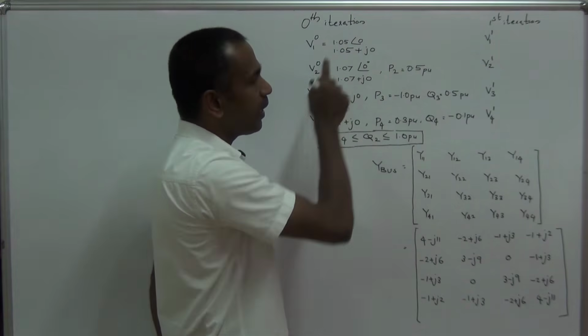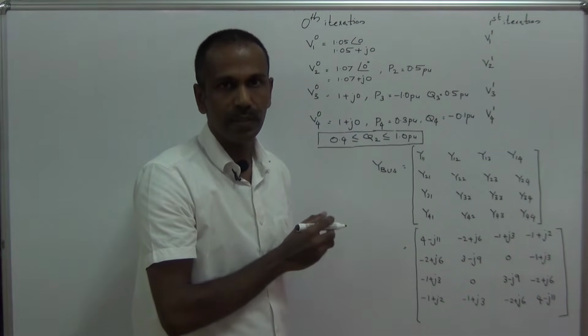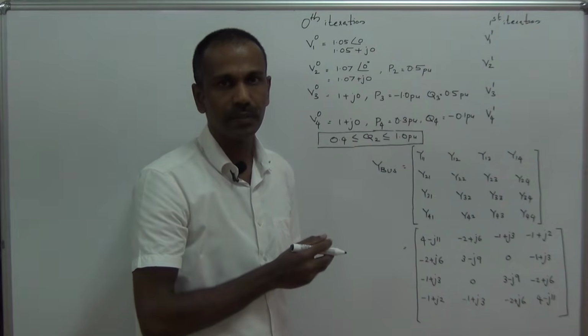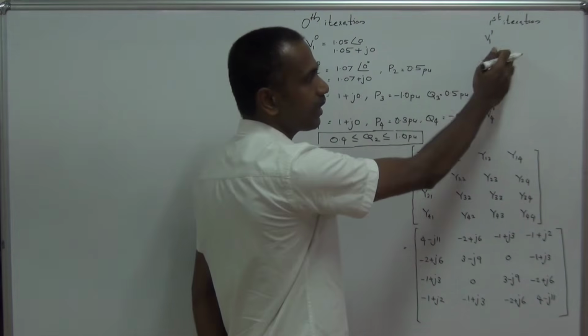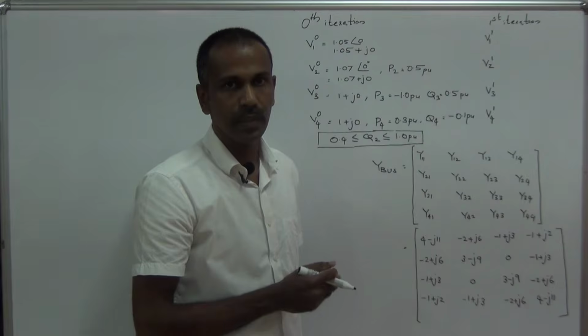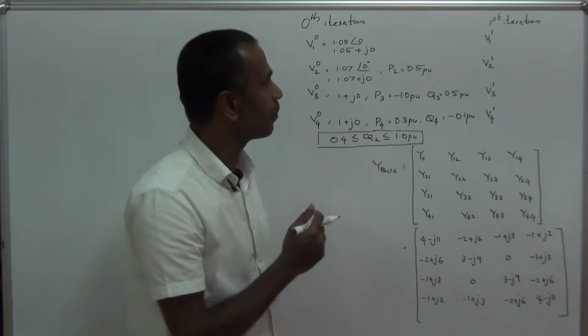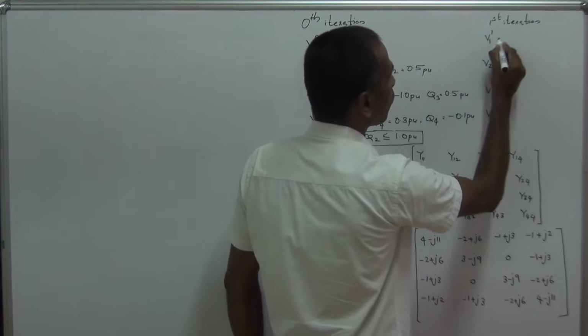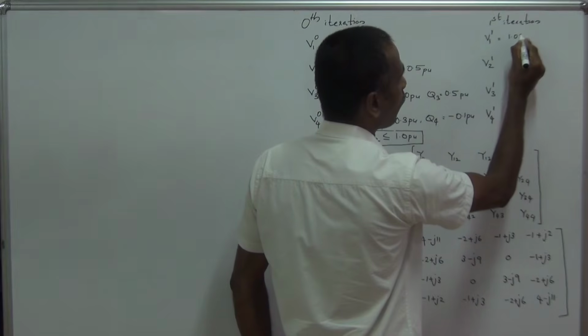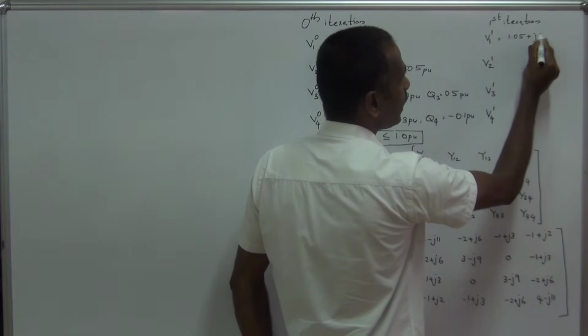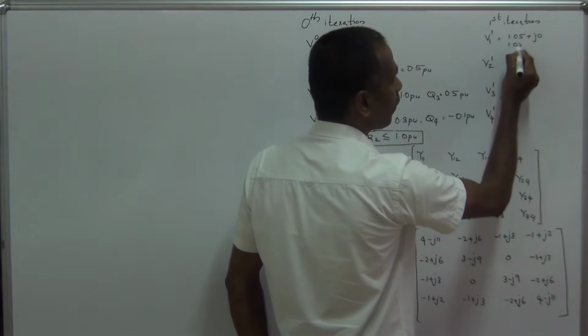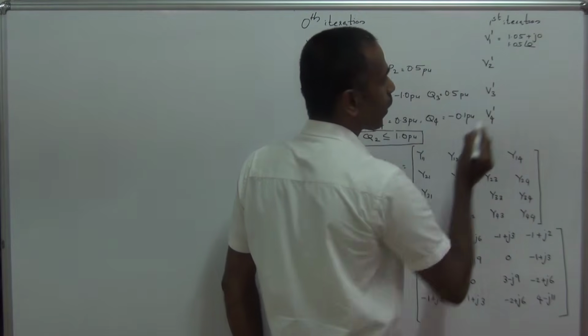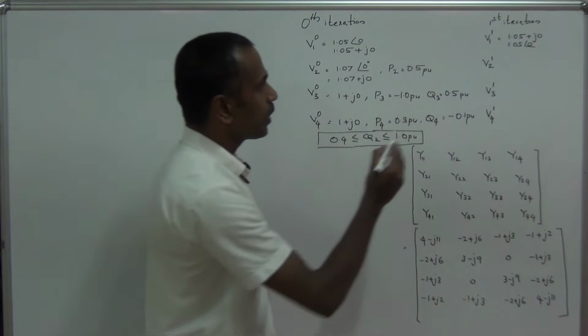Both the magnitude and angle of bus voltage is specified. This voltage will never change. Whether it is the first iteration or the 100th iteration, this bus voltage will remain the same. This is equal to 1.05 plus J0 or 1.05 angle 0. What about the second bus?